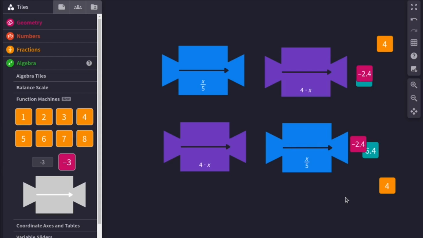Alright, so this has to do with the properties of the functions that I've chosen to compose. So dividing by 5 and then multiplying by 4 is in fact identical to multiplying by 4 and dividing by 5. Right? So it doesn't matter if we change the order.